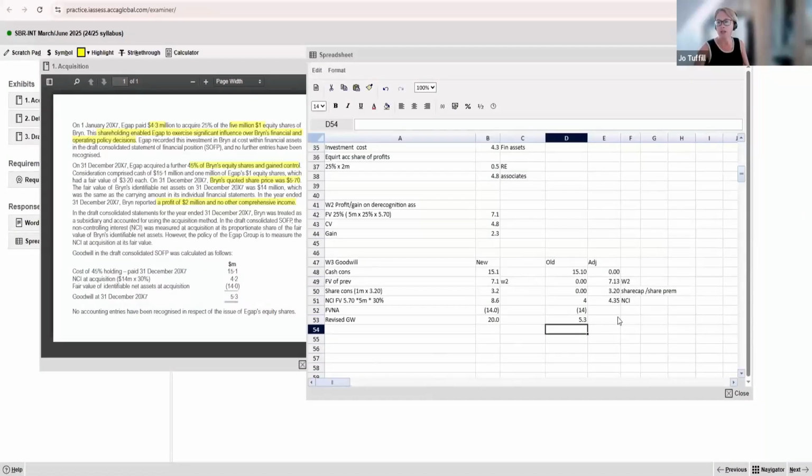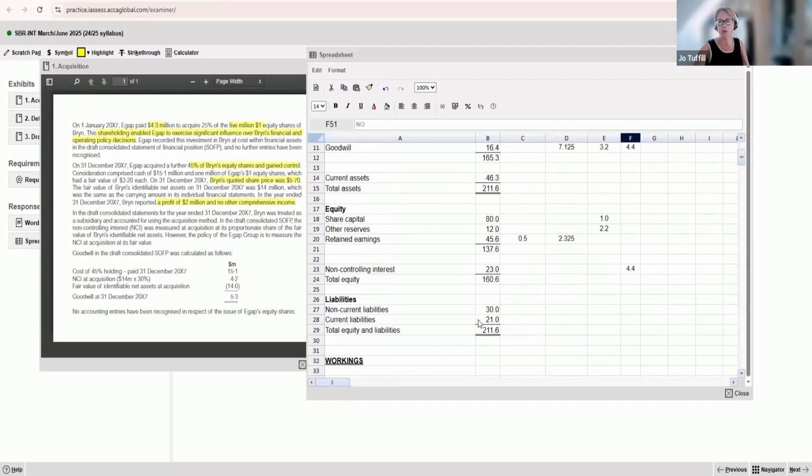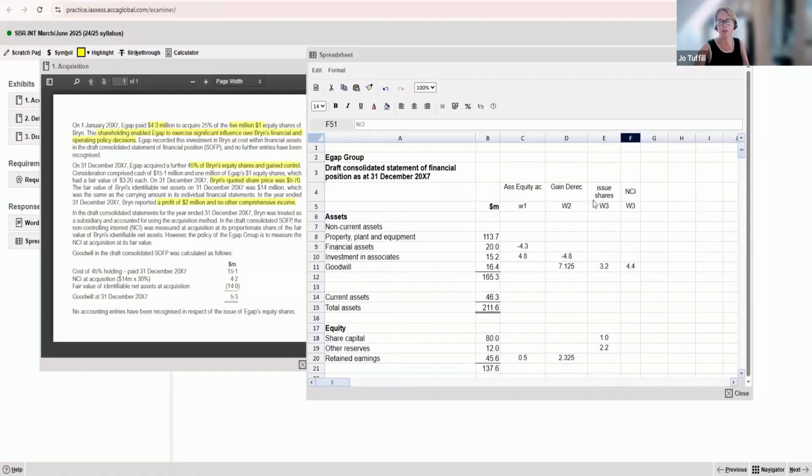So we've now adjusted that by showing that we don't need to adjust that. That's okay. Working 2, we've adjusted the share of the previous 25%. We've adjusted share capital and share premium, and we've adjusted NCI. So all the adjustments are done for that part of the question. So for part A, they're all in.